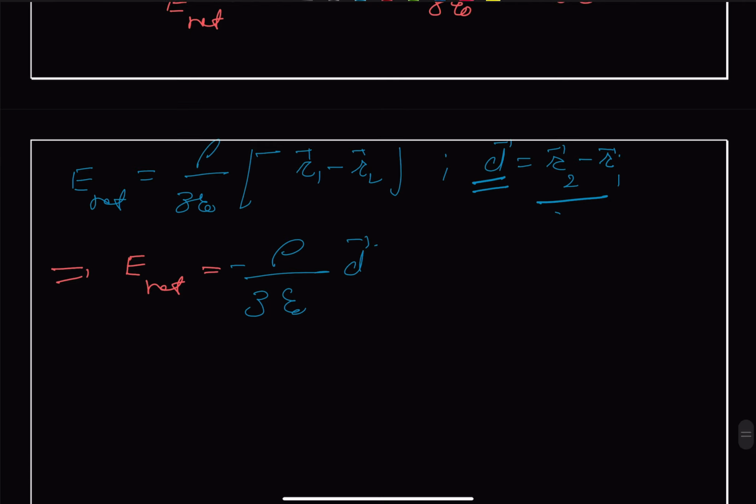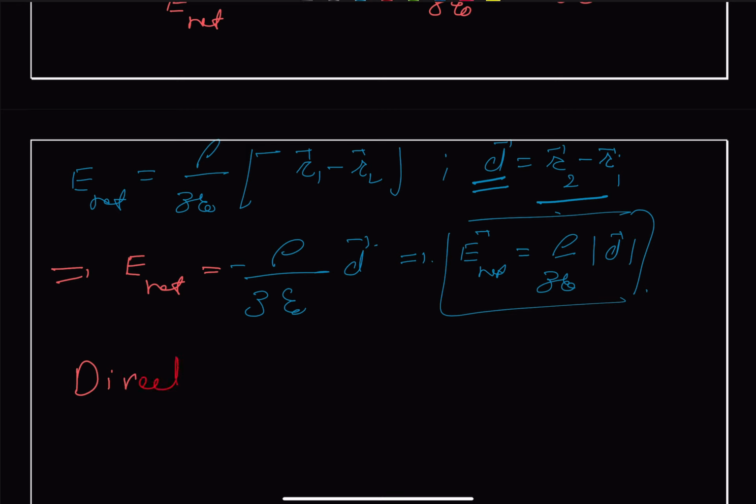If you want to write its magnitude, E net will be equal to rho over 3 epsilon naught times the magnitude of D. For direction, we can say from the center of the positive to the negative sphere.